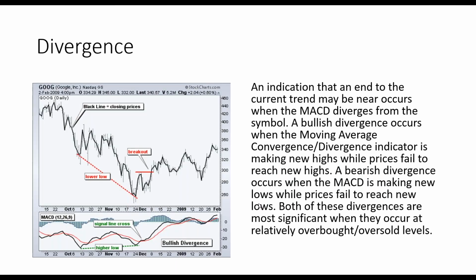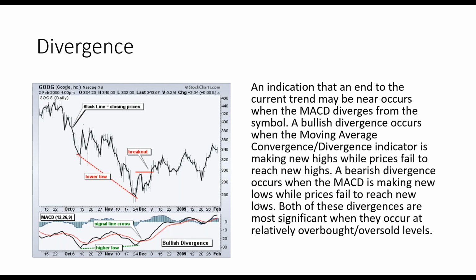And then lastly, we have divergence. Divergence with crossovers gives us a very, very good trading signal. An indication that the end of a current trend may occur is when the MACD diverges from its symbol.